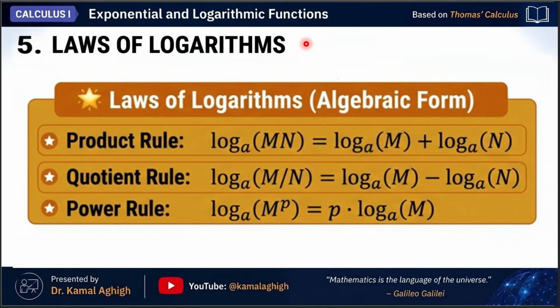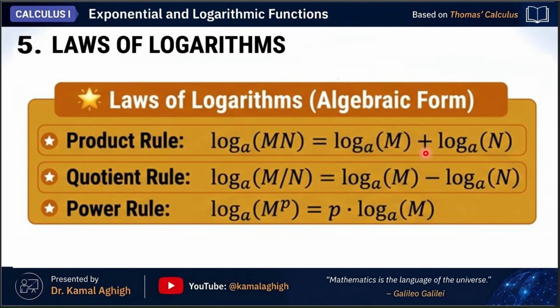The first is the product rule. It tells us that the logarithm of a product is equal to the sum of the logarithms. Instead of finding the logarithm of an entire product, we may find the logarithm of each factor separately and then add their results.